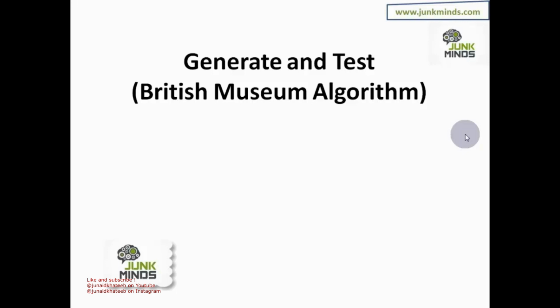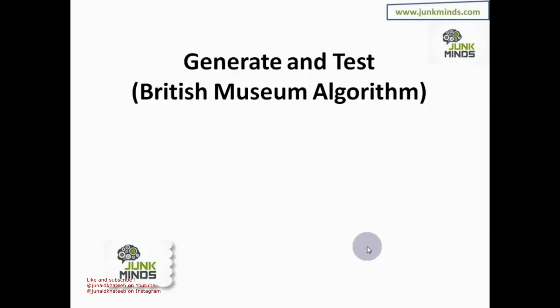Now what exactly do we mean when we say informed searching techniques? I'll elaborate on this in the second part of this video, wherein I'll start with the informed searching techniques. But at the moment, generate and test algorithm. You can say generate and test is one of the most basic, crude algorithms for implementing solutions in AI.